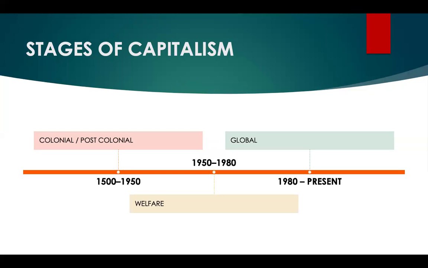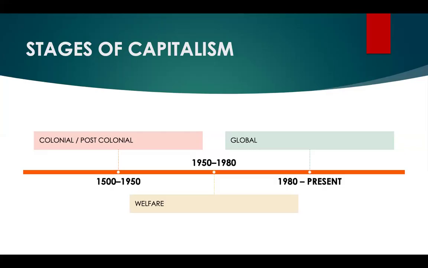Some of the stages I would like to talk about is mercantile capitalism in the 15th to 18th century. What you can see on your screen here is the colonial, post-colonial, and then welfare and global. But I will give you a little bit more idea about the different stages of capitalism.